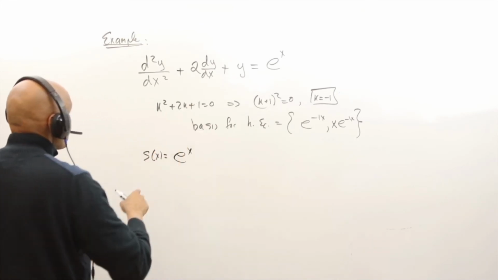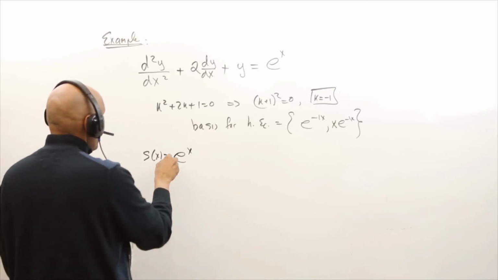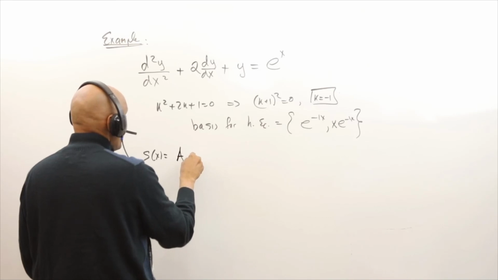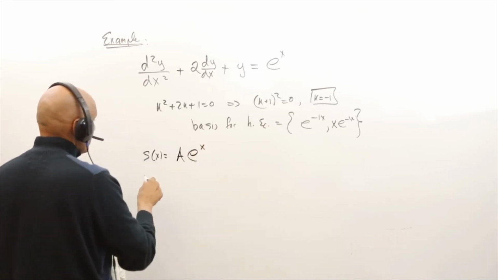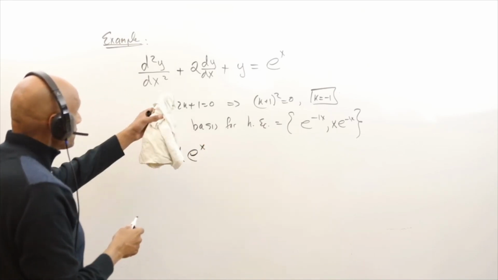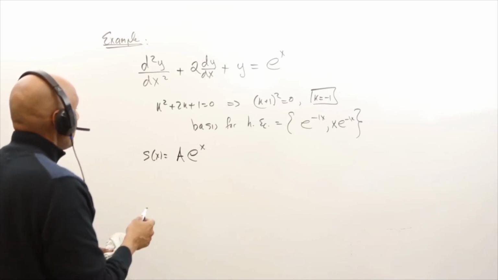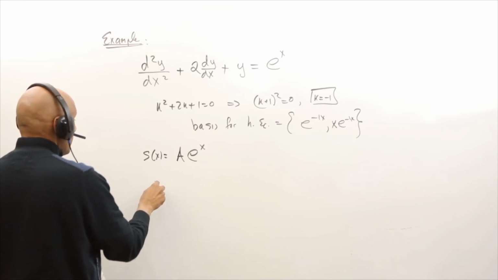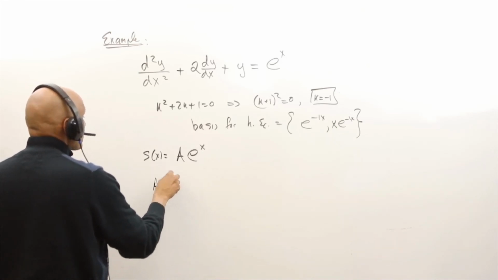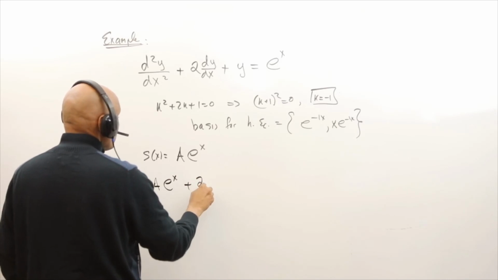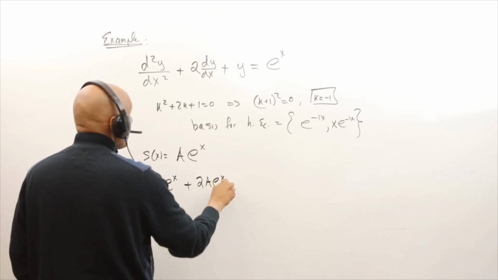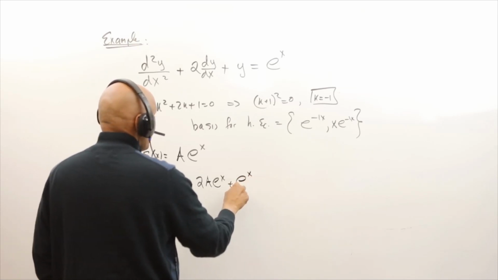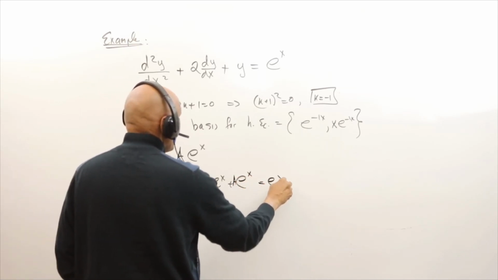I don't know what the a is, but if I plug s of x into this differential equation, we'll see a e to the x, the first portion, plus 2a e to the x plus a e to the x is equal to e to the x.